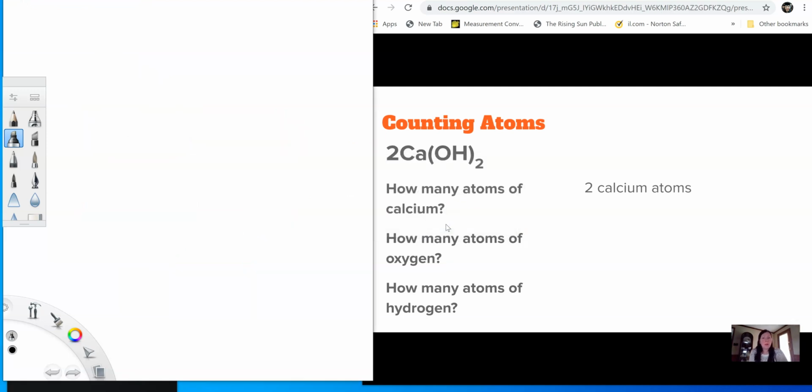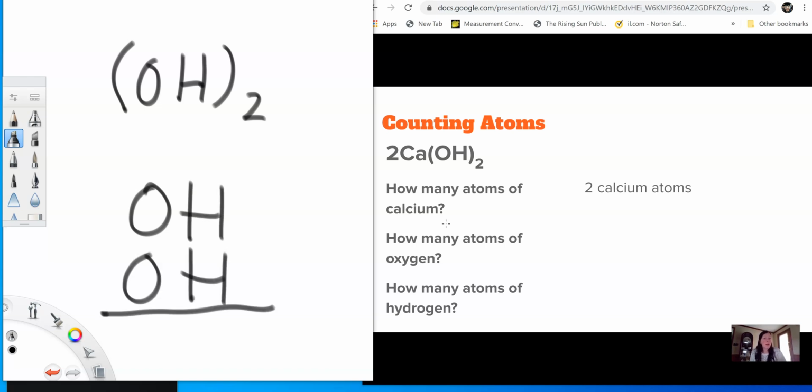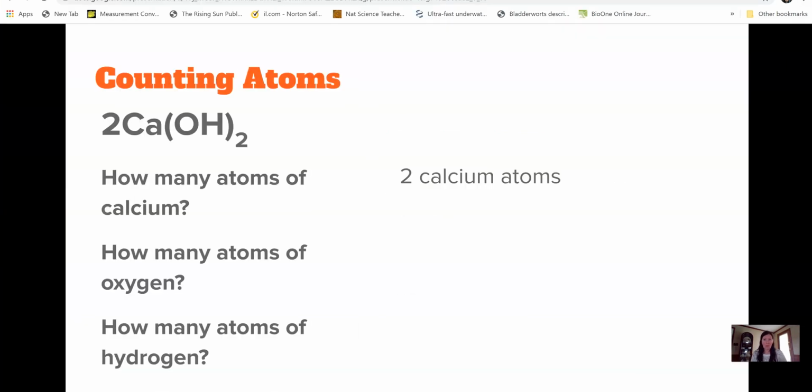Okay, so this is part of our formula. And what we're saying is that we have 2 OHs. Okay, which means if you add them up, you have 2 oxygen and you have 2 hydrogen. Okay, so let's go back over here.